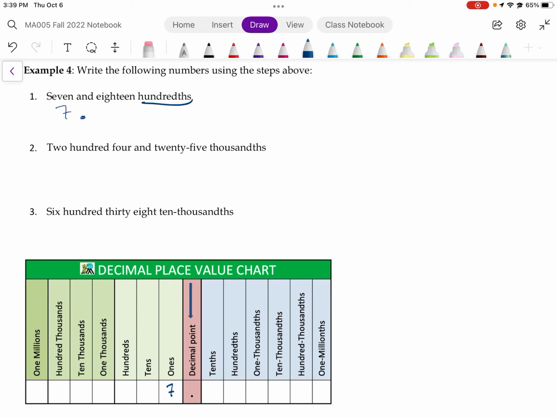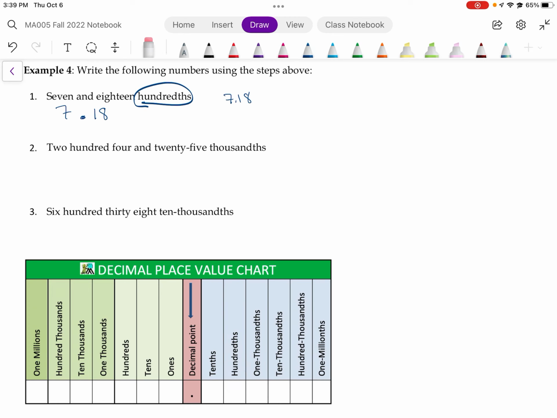So hundredth is going to tell us where the last digit is going to go. Well, that's right here. So 18 fits in like that. So 7 and 18/100ths. So that's 7.18 like that.